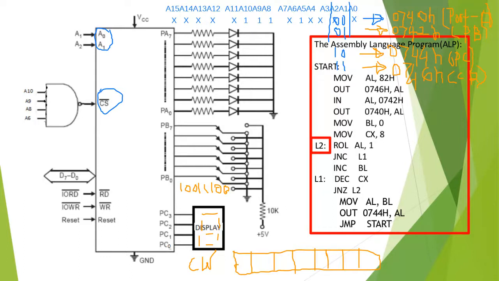If the carry flag is 1, that means there is a 1, and we do it 8 times, checking the carry flag every time. This is the idea, right? Is it okay? Anybody has a question here? How can we determine the number of 1s?